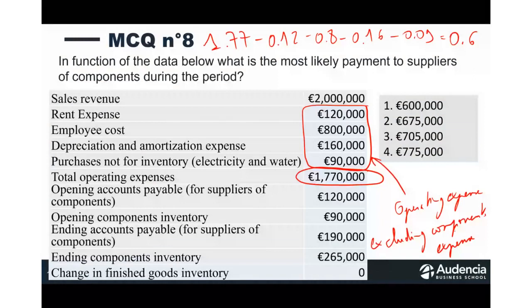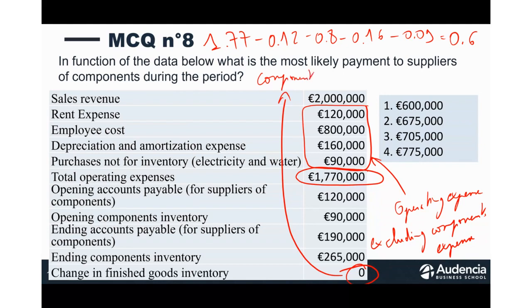But the change in finished good inventory is 0. So it means, thanks to this one, we can say the components expense in the P&L is equal to the components used for production.